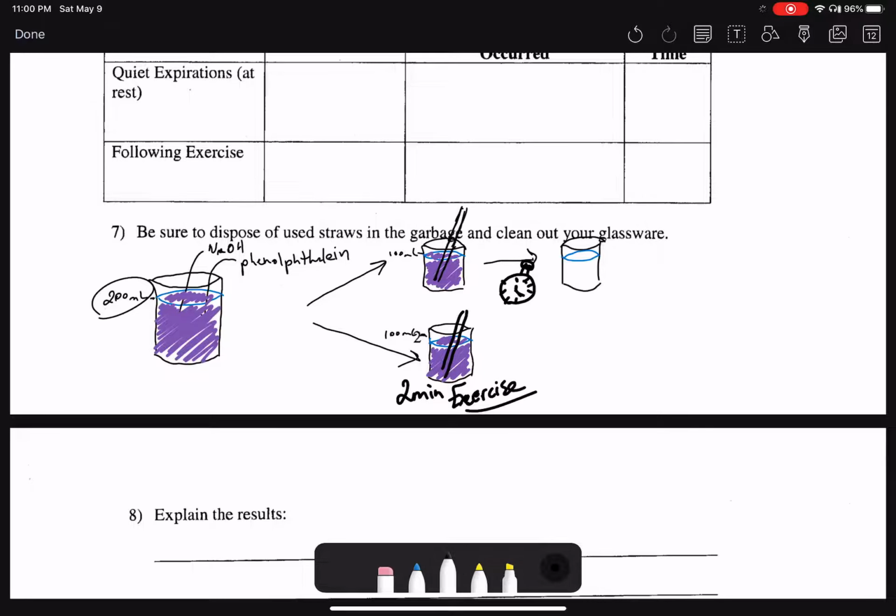Usually we ask someone to run to Spring Hall or do jumping jacks or push-ups or something, but whatever you do, it has to be for a straight 2 minutes. After that person is exhausted and breathing heavily, they then exhale into the other beaker, and we time how long it takes for the solution to, again, go from purple to clear.